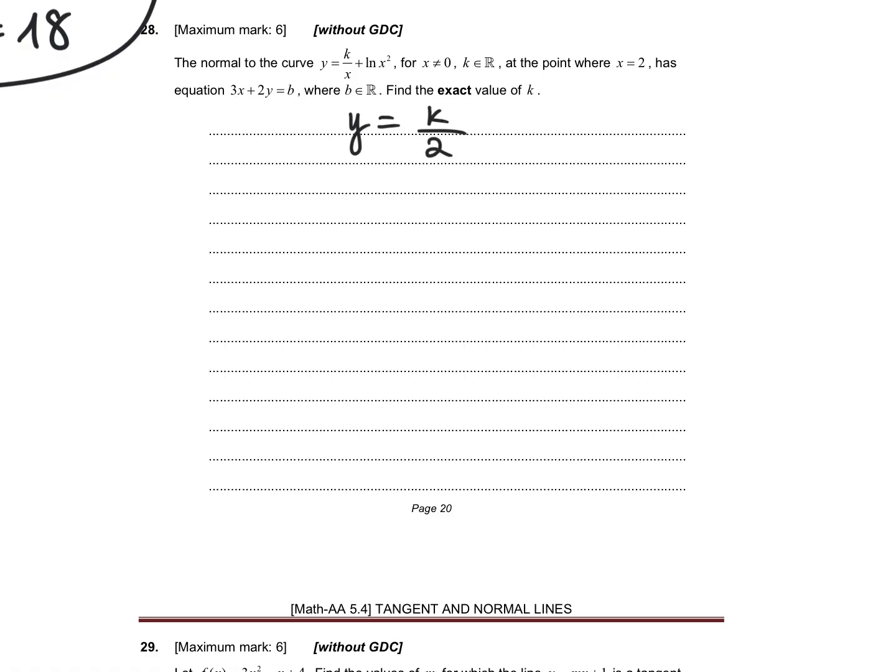Y equals k over 2 plus natural log 2 squared, which is 4. Okay. Now we need to find the derivative of that.